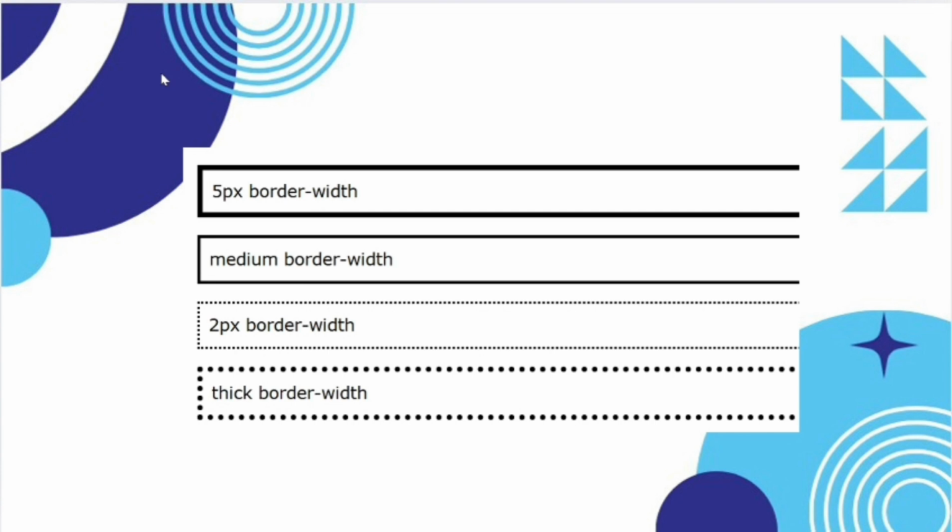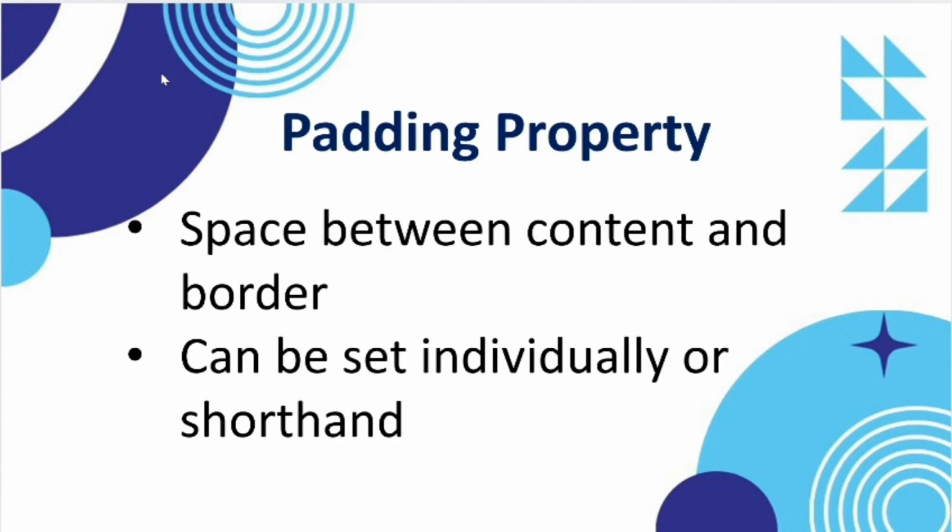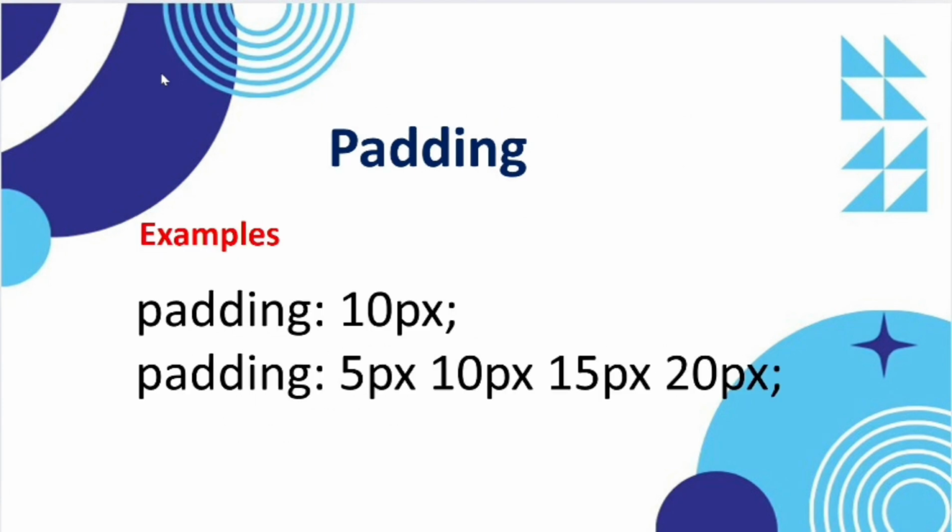Now we are moving to padding. Let's talk about the padding. The space between content and the border can be set individually or shorthanded. Let's talk about one example. Padding 10 pixels means it is applicable for all the sides.